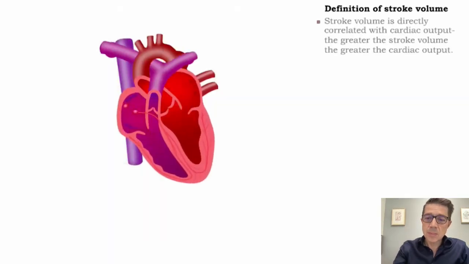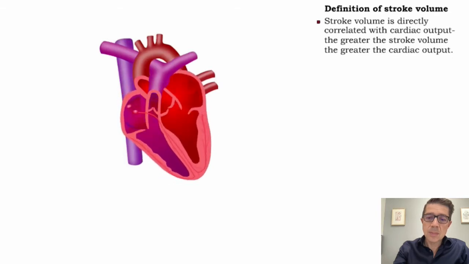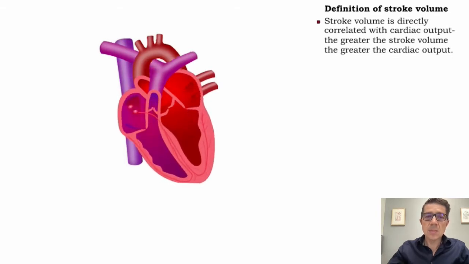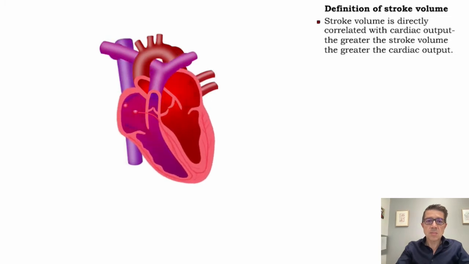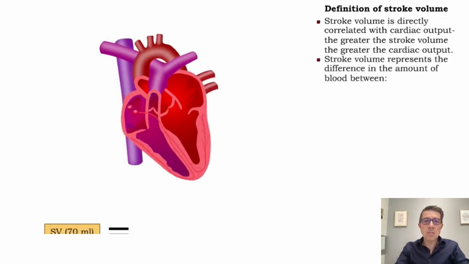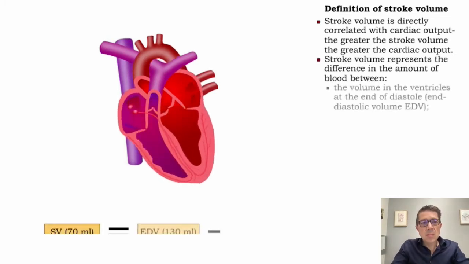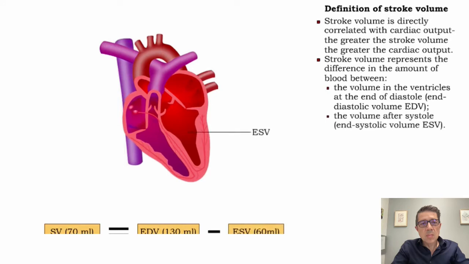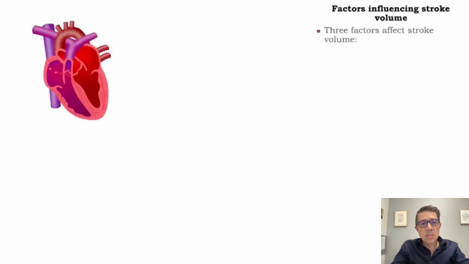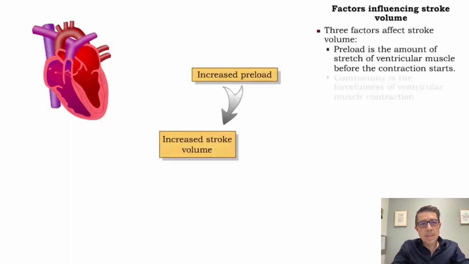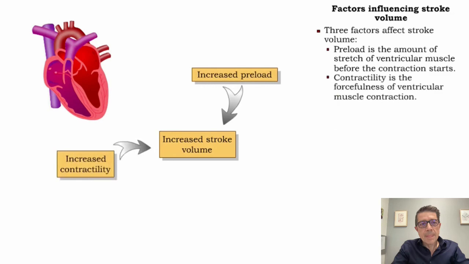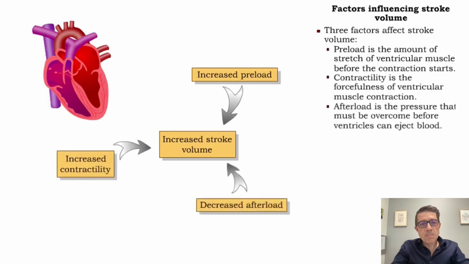Volume is directly correlated with cardiac output. The greater the stroke volume, the greater the cardiac output. Stroke volume represents the difference in the amount of blood between the volume in the ventricles at the end of diastole and the volume after systole. Three factors increase stroke volume: increased preload, increased contractility, and decreased afterload.